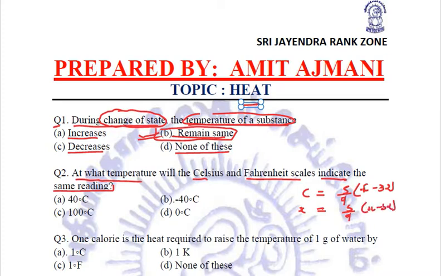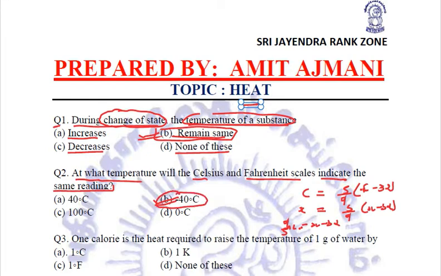From this we can simply calculate the value of X. How? We can cross multiply, it will become 9/5 X is equal to X minus 32, and when you solve this equation you will get the answer to be minus 40 degrees Celsius.